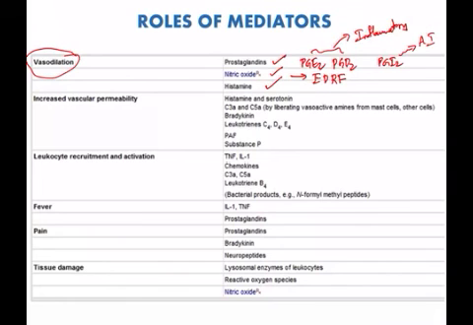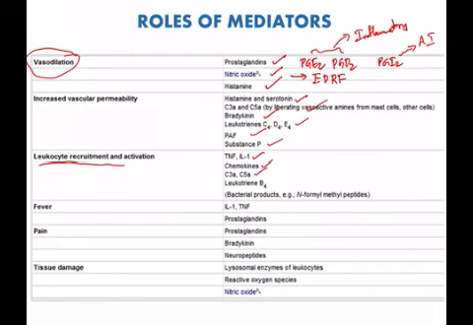And then increased vascular permeability is stimulated by histamine and serotonin, complements, and bradykinin, leukotrienes C4, D4, and E4, platelet activating factor, substance P. All of them are involved in increasing vascular permeability. And then interleukins and tumor necrosis factor lead to leukocyte recruitment and activation.